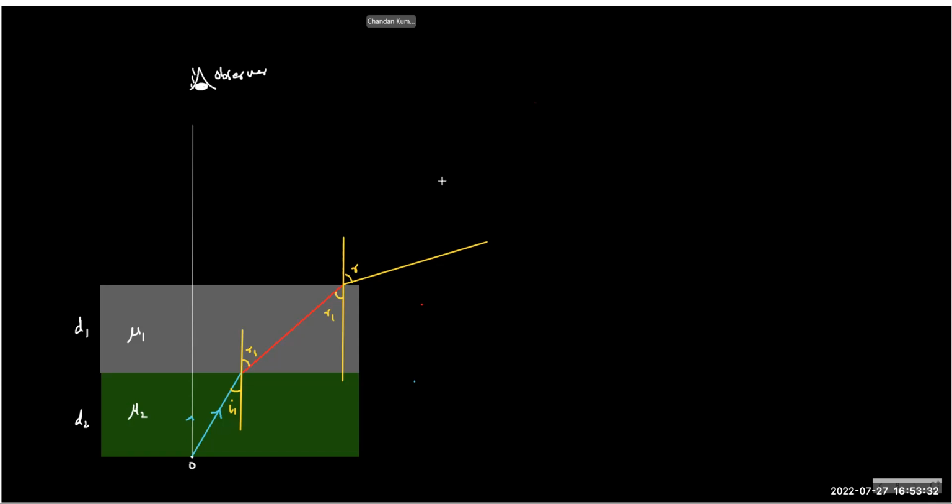You extend the line to meet the vertical line. So you have to write the expression two times. So this is the first image, and this is the second or the final image. And you are supposed to find this value, that's the D apparent.